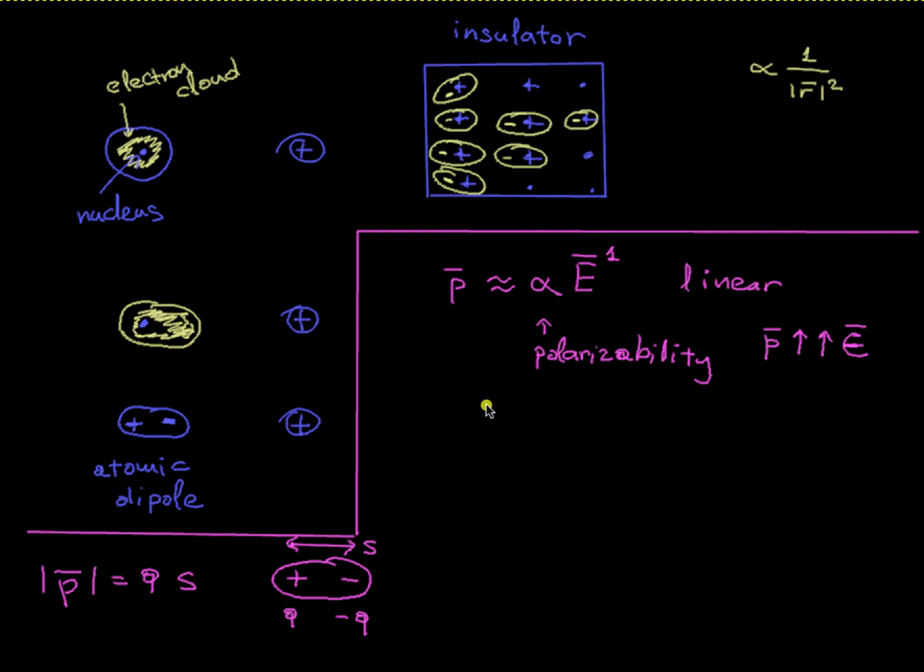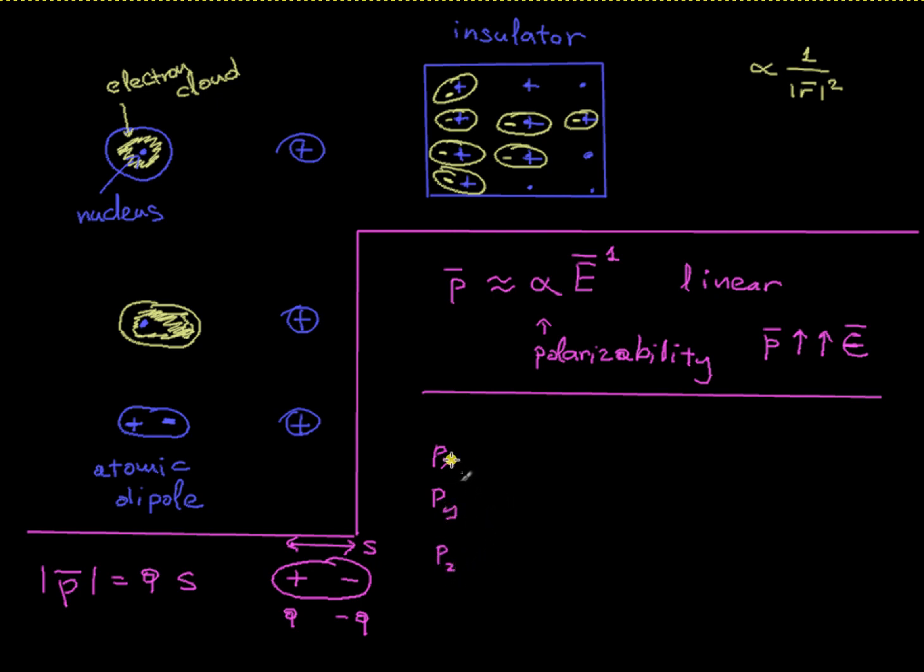Now, there are cases where the dipole moment does not point in the same direction as the electric field. For example, you may have molecules where the induced dipole moment points in a different direction than the electric field. In those cases, we will describe the phenomenon in the following way.